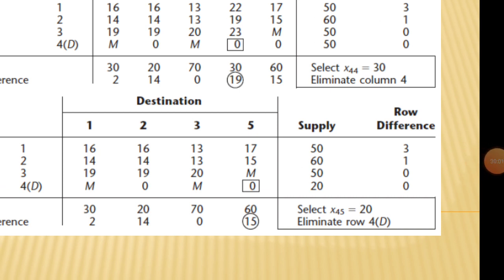Today's class, what we have discussed? We have discussed the VAM method. In the previous class we discussed northwest corner rule, least cost method, unbalanced problem, balanced problem, and now the VAM method. VAM method is very important. Many times this question is asked in the question paper: solve for the optimal solution by initial basic feasible solution by VAM method only.